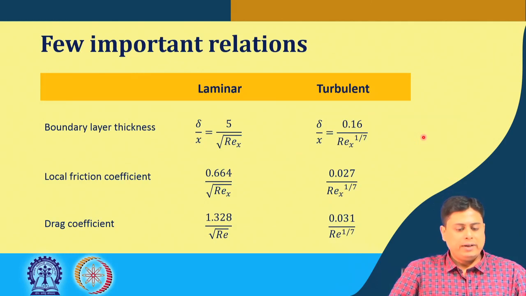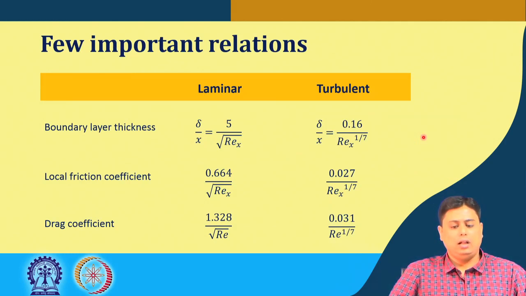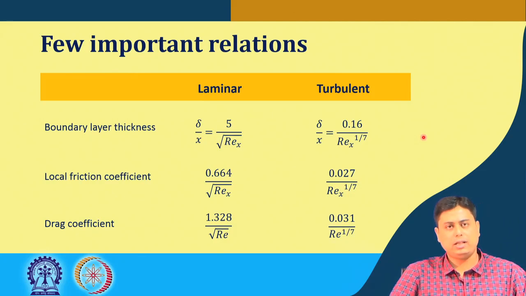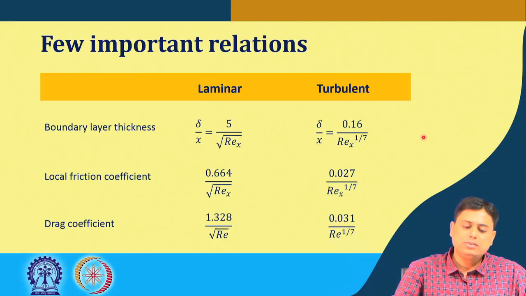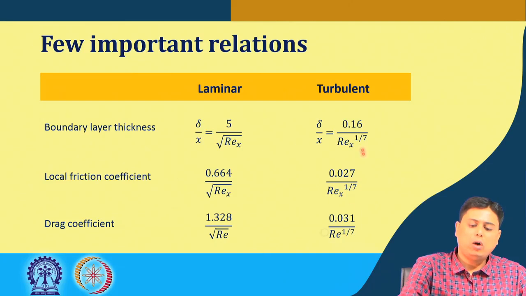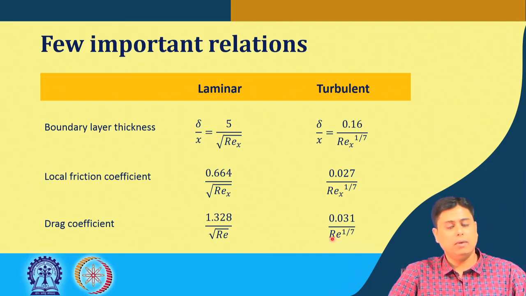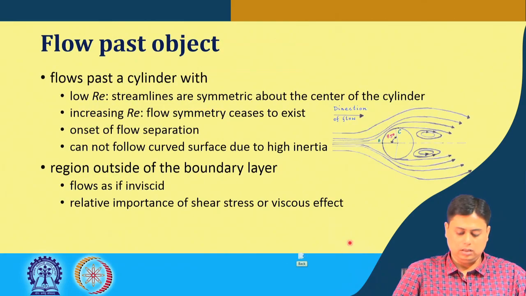So, the boundary layer thickness in both the laminar and the turbulent cases is listed here, as well as the local friction coefficient and the drag coefficient value. These relations are what you have to keep in mind, because in several questions these are typically asked, and during some calculations you have to remember these relations.